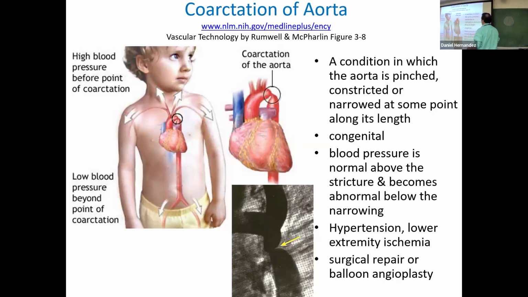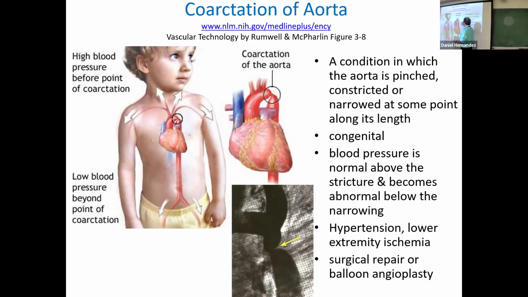And the last one I wanted to talk about is coarctation of the aorta. So this is another, again, non-atherosclerotic lesion that can cause a stenosis. So this is a congenital defect. So this is something a child or a patient is born with. So it's a condition in which the aorta is pinched or constricted or narrowed at some point along its length.